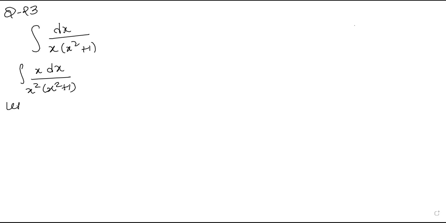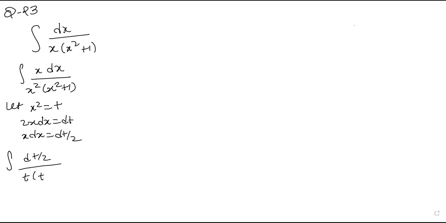Question number 23. Here it is given integration dx upon x bracket x square plus 1. So I will multiply x in numerator and in denominator. Now I will assume x square as t. 2x dx will become dt and x dx will be dt by 2. So integration dt by 2 upon t bracket t plus 1.